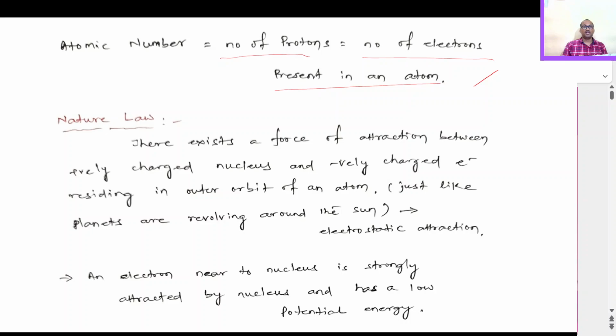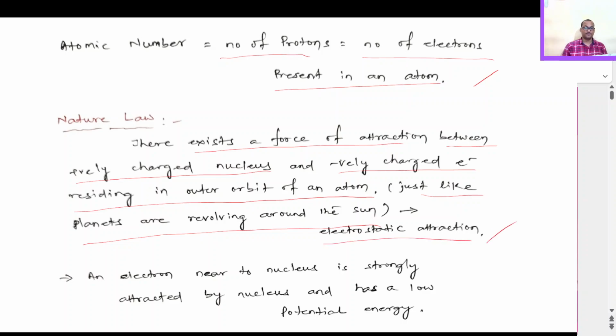And while talking about nature's law, there exists a force of attraction between the positively charged nucleus and the negatively charged electron residing in the outermost orbit of the atom. Just like planets revolving around the sun, the electrons are held by the electrostatic force of attraction. An electron near to the nucleus is strongly attracted by the nucleus and has a low potential energy.